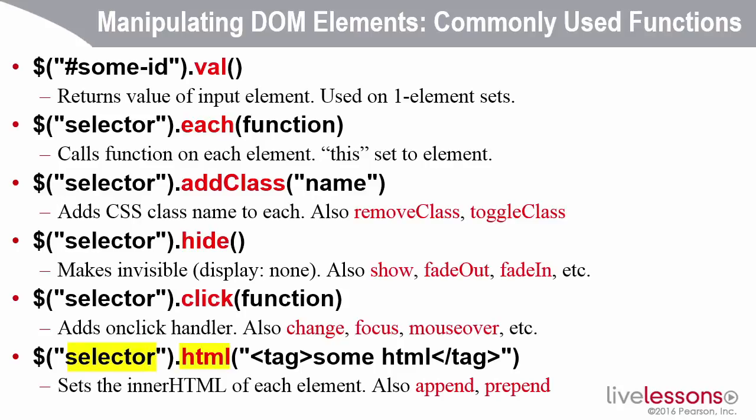Typically you match with a pound sign, perhaps it's a div, and insert some HTML elements inside this div. Insert a paragraph or two paragraphs, or maybe just a string, or maybe a string with some red text and so forth. And so that's typically the way that you handle data that came back from the server. You parse it, you extract the meaningful information, and you insert it into the current page using the HTML function of jQuery.